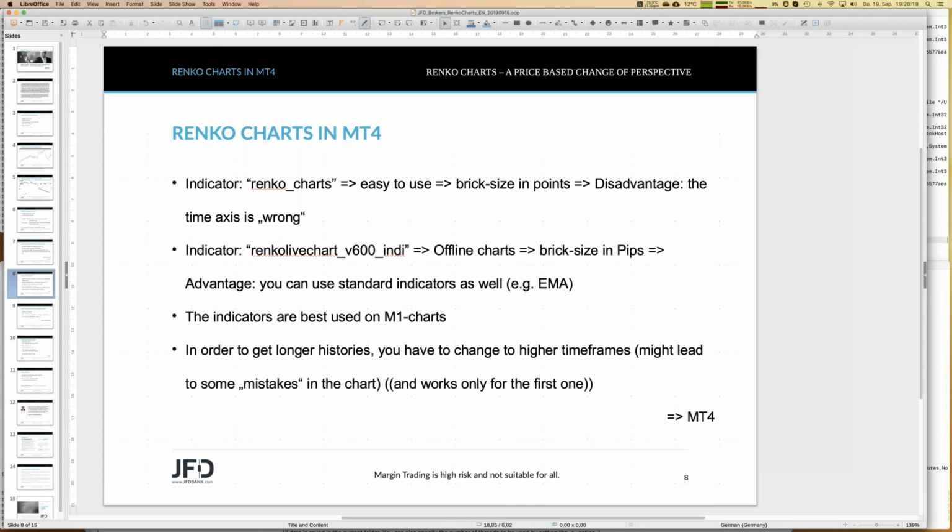Normally, and that's true for all kinds of indicator-like generation processes of Renko charts in MT4, you run those on M1 charts. As I mentioned, the real source for a Renko chart would be tick data.